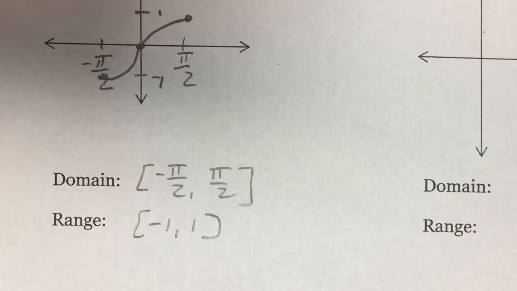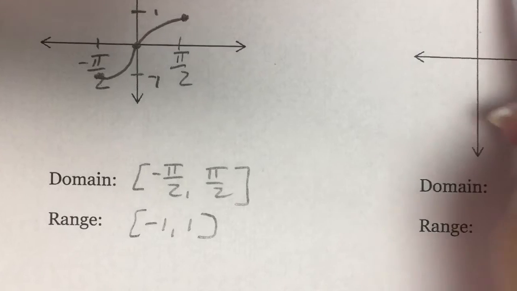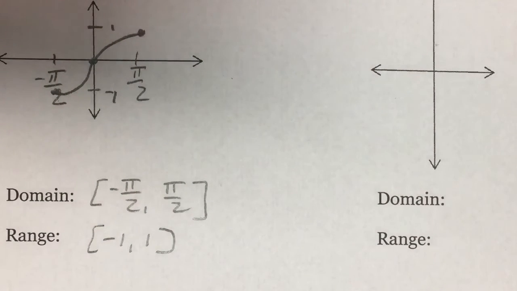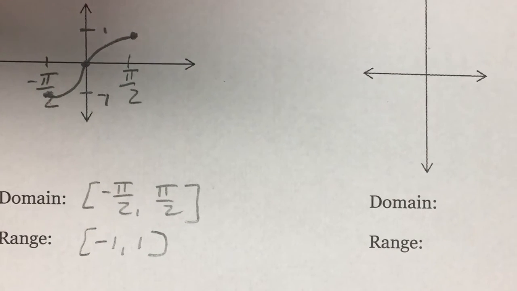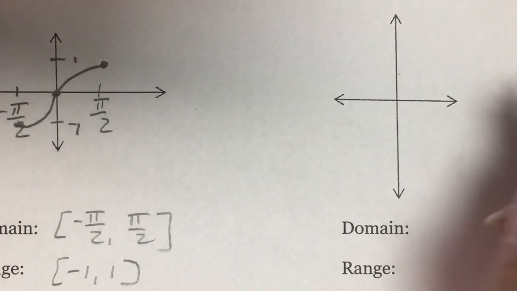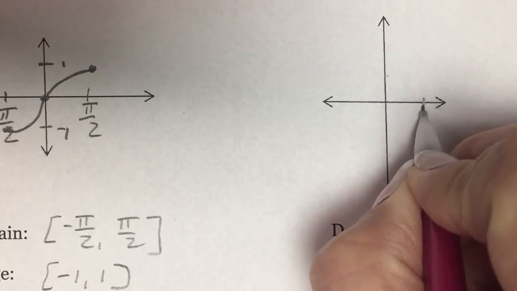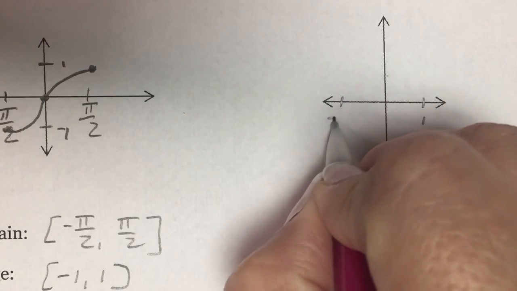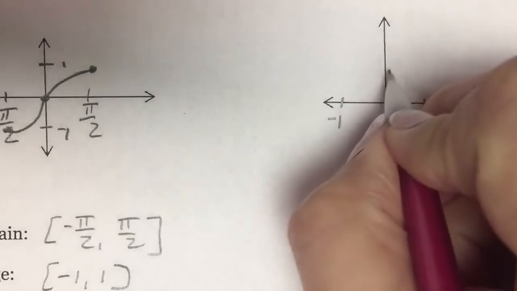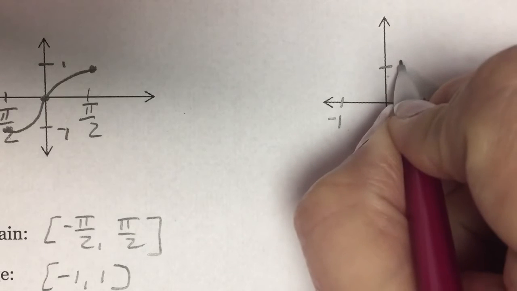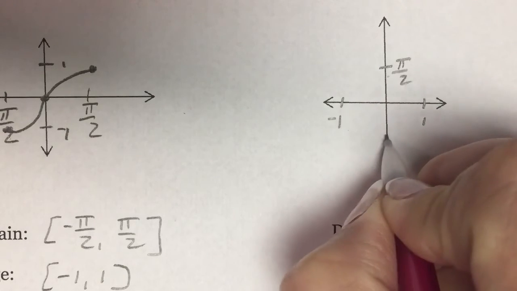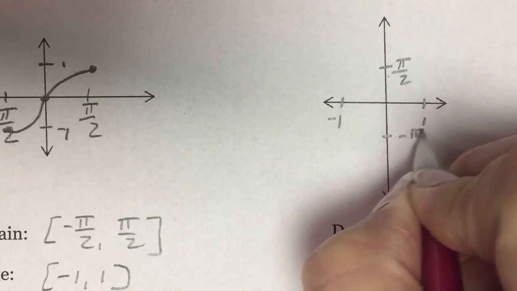Okay, so now what we're going to do to look at the graph of inverse sine is remember how we flip the domain and the range. So as we flip the domain and the range, our y-axis is going to become our x-axis, and our x-axis is going to become our y-axis.